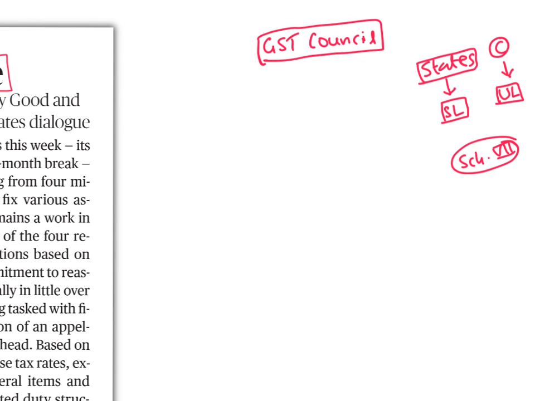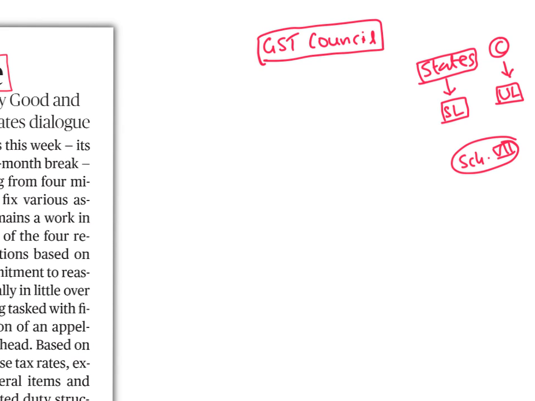Then states and center came together and decided to come out with one nation, one tax. Instead of separate taxes on the state list and union list, let's have only one tax for the entire country, and that one tax came out to be GST, Goods and Services Tax.